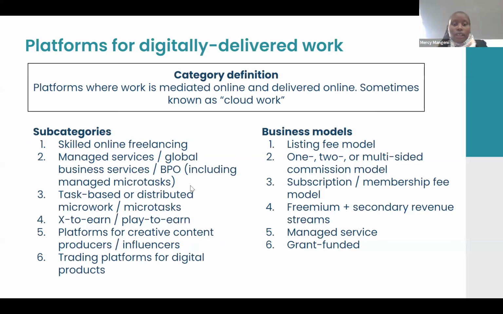Now, the second category is platforms for digitally delivered work. As mentioned earlier, these are platforms where work is mediated online and similarly delivered online as well. We gave examples earlier of Upwork, Fiverr, and many more.